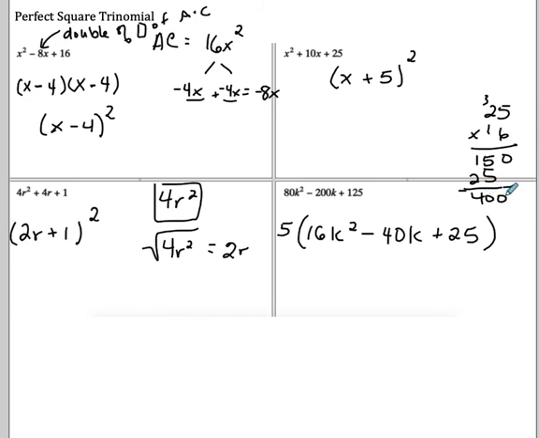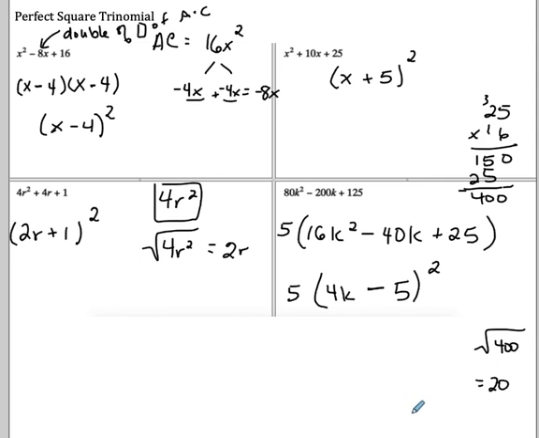And so 400 is in fact a perfect square. It would be 20 times 20. So if I took the square root of 400, I would get 20. And if I were to double 20, I would get 40. Wow, that's pretty cool. So I've got 5, and then the factor that's squared is the square root of the first term, 4k, and the square root of the second term, 5, and it's got to be a subtraction problem because I had to get a negative 40k in the middle there.